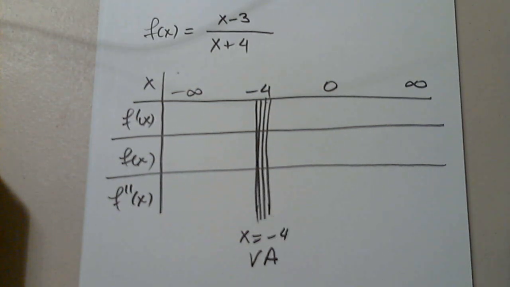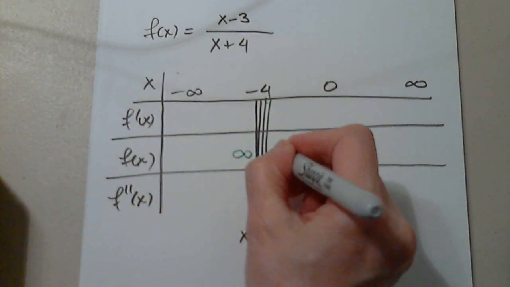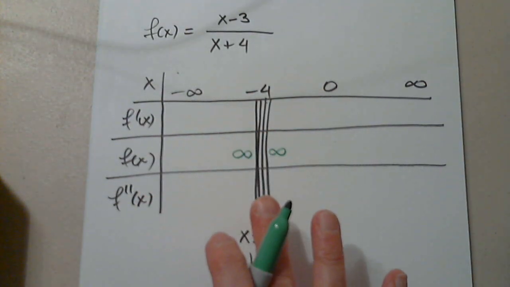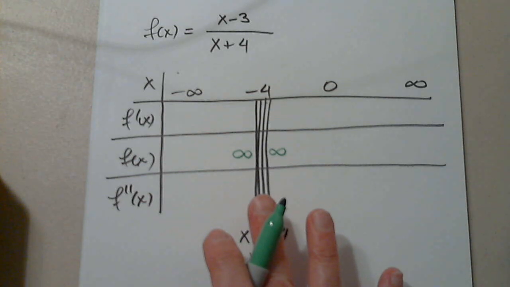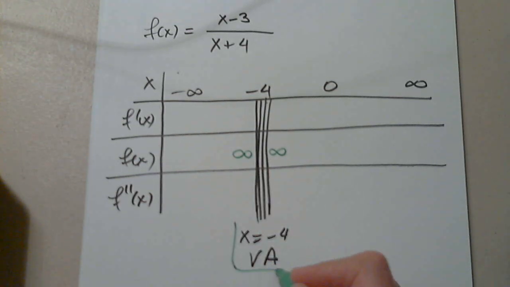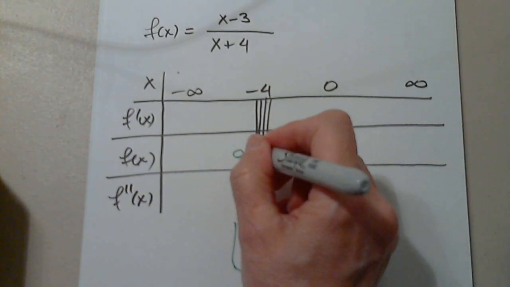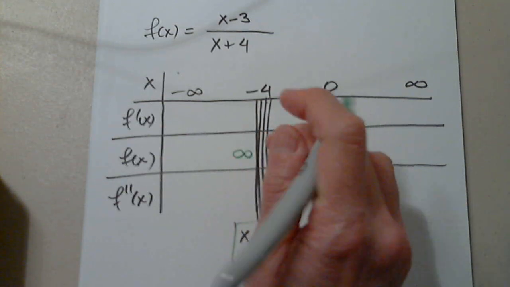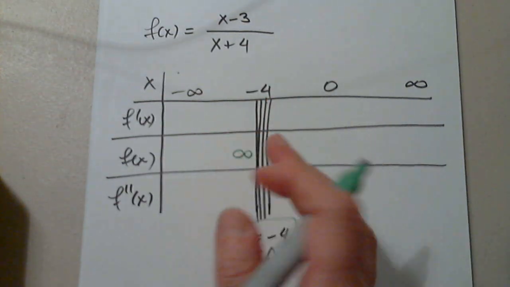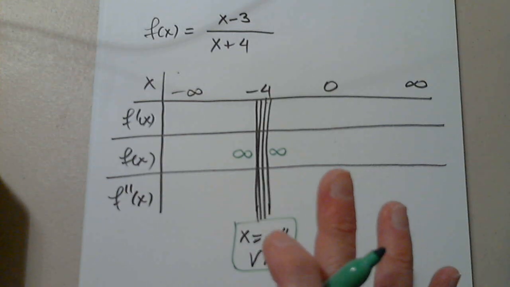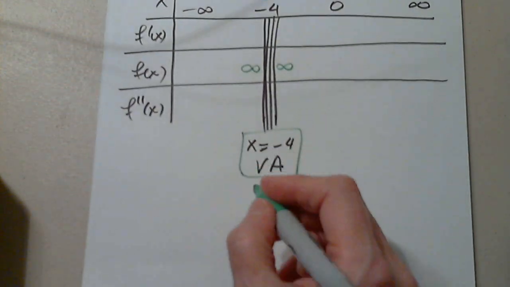Very good. Immediately you know that left and right, you have to find infinities. What you don't know is the sign. But you know that once you put this in, you have to have infinities left and right. Maybe both positive, maybe both negative, positive, negative, negative, positive. I don't know. But I will find the limit right now.